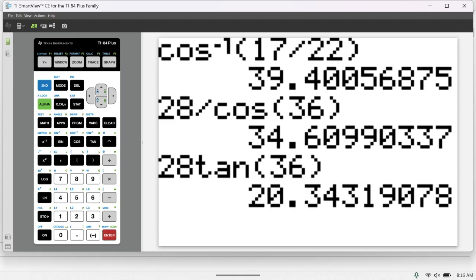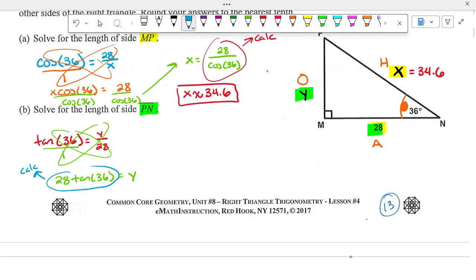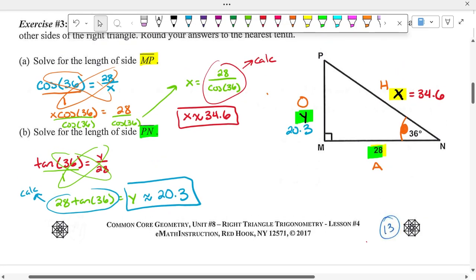What do you get to the nearest tenth? 20.3. So y is approximately 20.3 units. So this is 20.3. And just like that, we use trig to solve for all the sides.